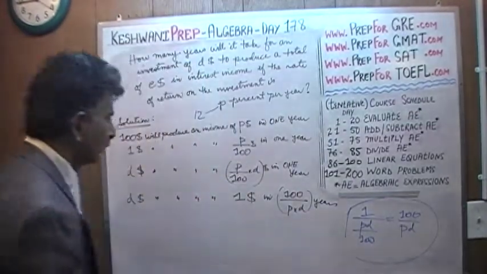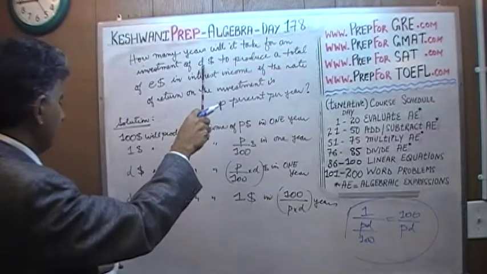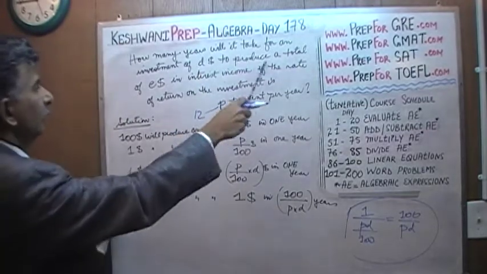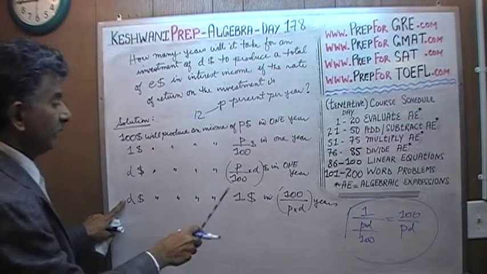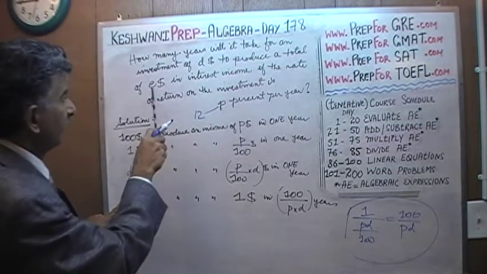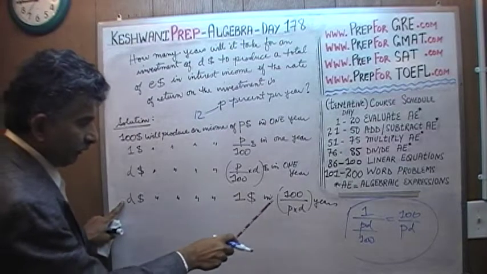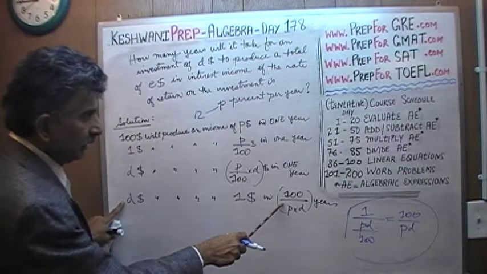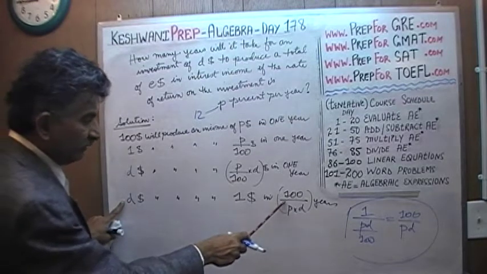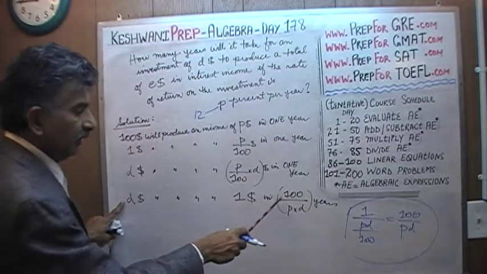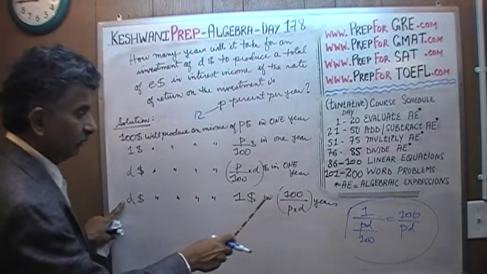We're almost there. The question is, how many years will it take for an investment of D dollars to produce a total return of E dollars? Well, this is $1. We do not want a return of $1. We want a return of E dollars. If $1 return is over a period of this many years, then $2 must be for twice as many years, $3 will be 3 times as many years, and $5 will be 5 times as many years.